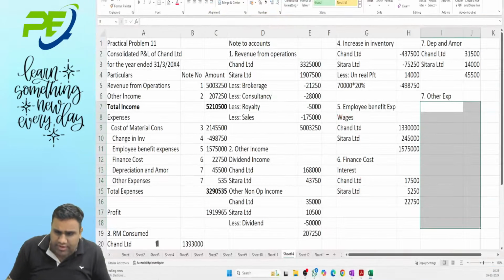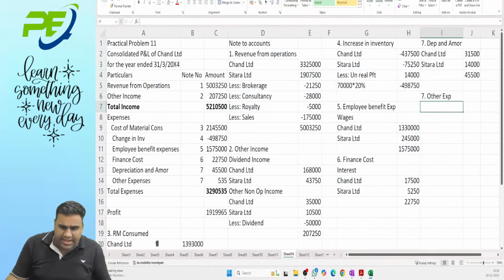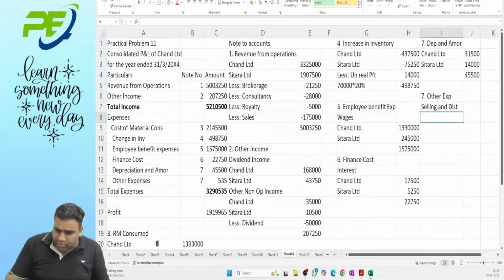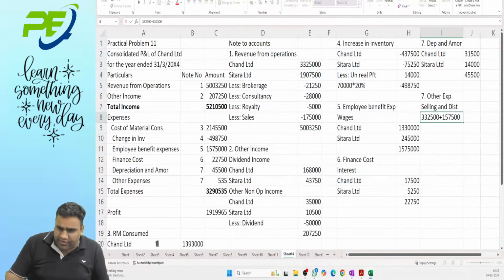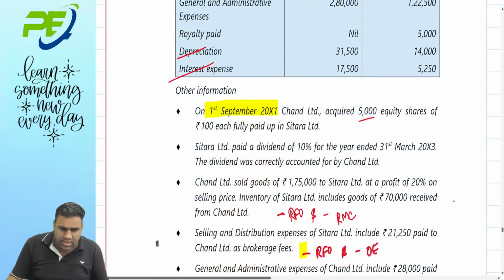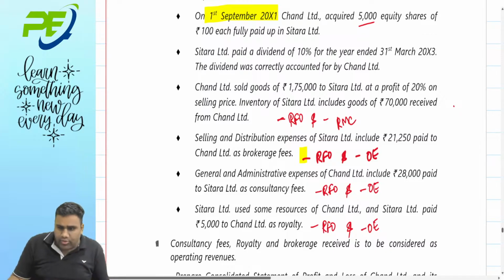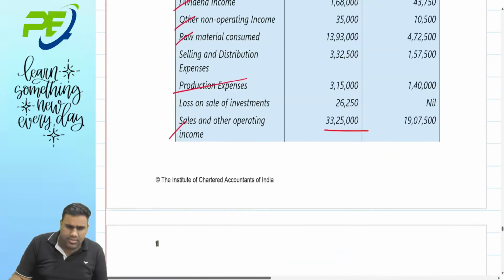So other expenses, selling and distribution. You can write this way also: 332 500 plus 157 500 minus 21 250. 468 750. Selling and distribution.